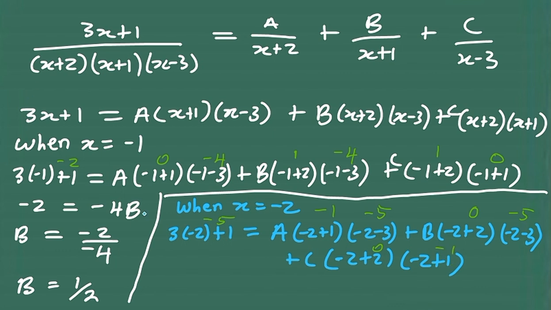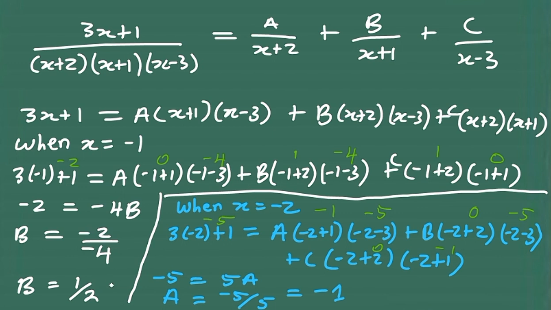So what we are going to have here is -5 equals -1 times -5, which will give us positive 5. So we are going to have 5a. Then solving for a is going to give us -5 divided by positive 5, which is going to give us -1.